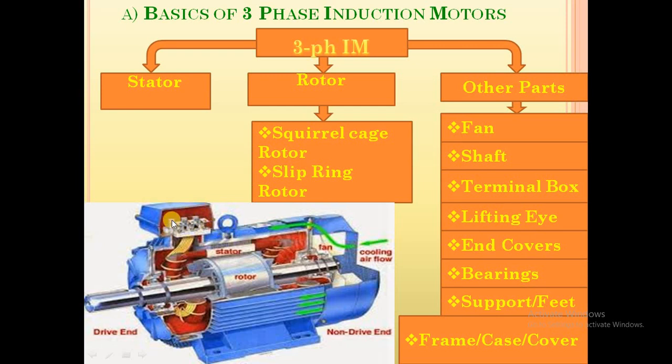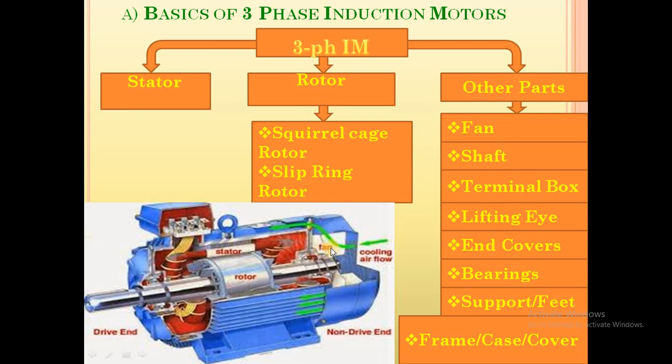The next is the terminal box. In the terminal box the stator winding terminals are brought out, and the three-phase supply is given to these stator terminals. Bearings are there on one side and on the other side. The end covers: here we can see one end cover is there, and here the second end cover is there.